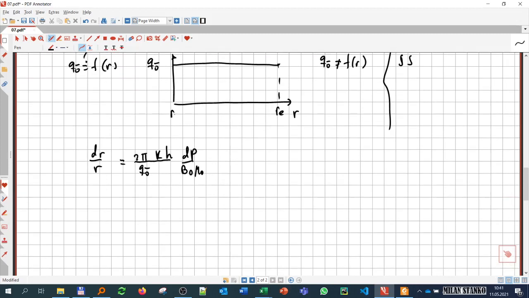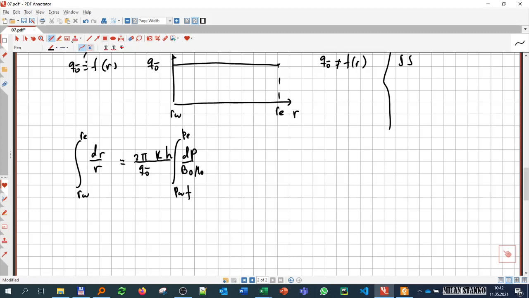From where do we integrate? We can integrate from RW, there is not much further to go, and at RW the pressure is PWF. But where do we integrate to? We could integrate all the way to the boundary, to PE.